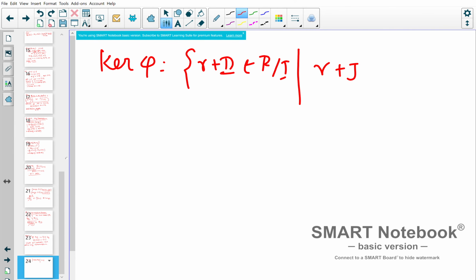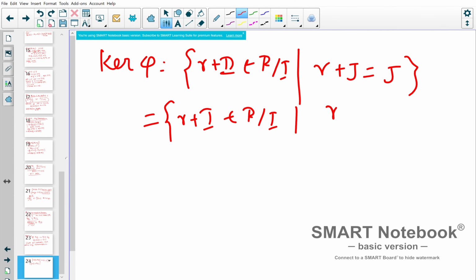This is nothing but J. So what does that mean? That means all those r plus I belonging to R mod I such that r belongs to J. See, r an element of J, so this is nothing but r plus J, sorry, J plus I.